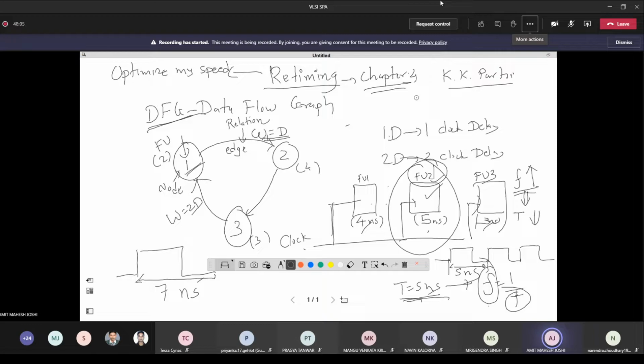I hope you are with me. As there is no delay, it has to be executed in the same clock cycle. So node 2 will take 4 nanoseconds, then it will provide the data to node 3. Now node 3 will take 3 nanoseconds.